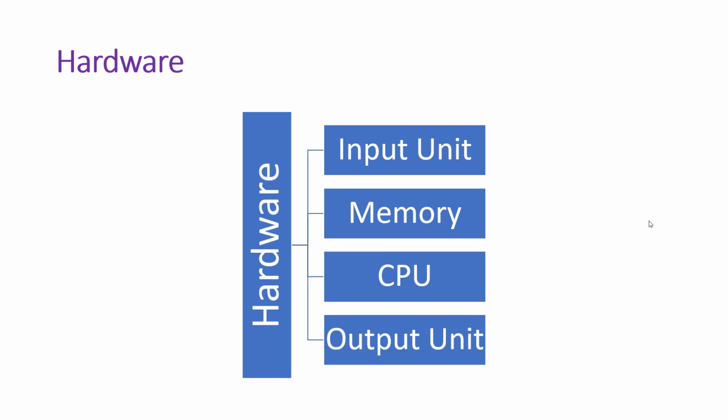Next, we have hardware. Hardware can be classified into four groups: first the input unit, second the memory unit, third the CPU, central processing unit, and the output unit. What do we mean by input unit? Input units are devices used for giving instructions to the computer, like a mouse or joystick.